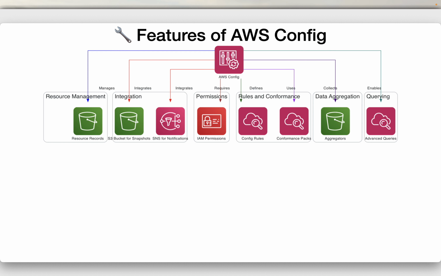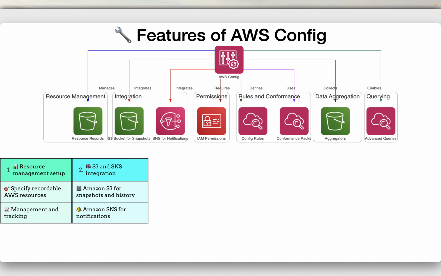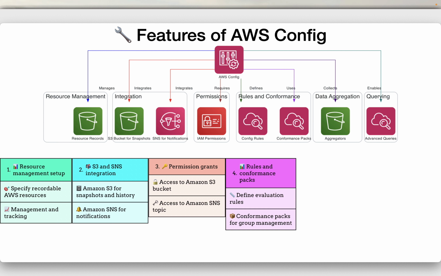So features of AWS Config. You can specify which AWS resources AWS Config records for management and tracking. Second, you set up an Amazon S3 bucket for snapshots and history, and Amazon SNS for receiving notifications. AWS Config requires permissions to access the Amazon S3 bucket and Amazon SNS topic.